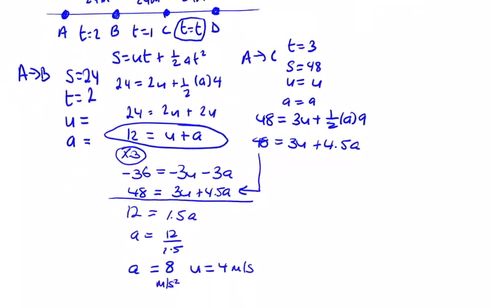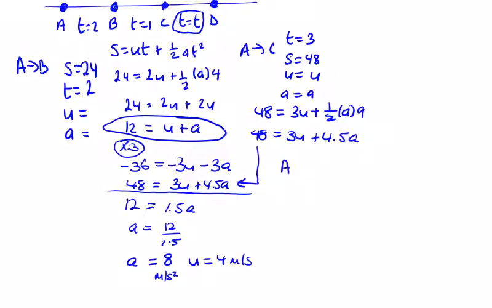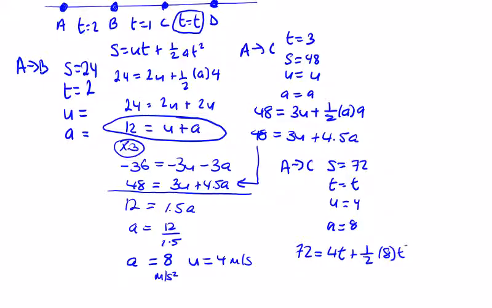And now we're asked to find the time. So we have from A to D, we have S is equal to 24 by 3, 72. We don't know the time, but now we have U and we have A, 8. So 72 is equal to UT, 4T plus a half A, which is 8 by T squared.